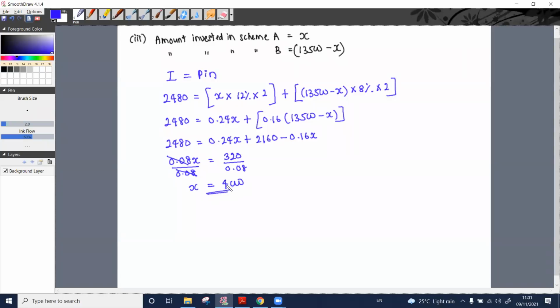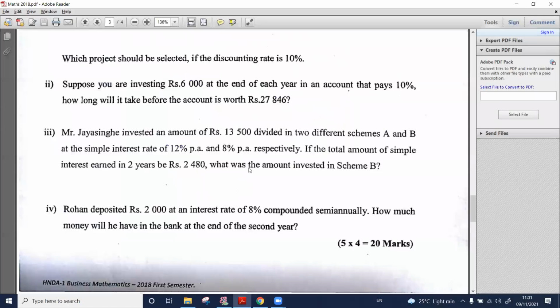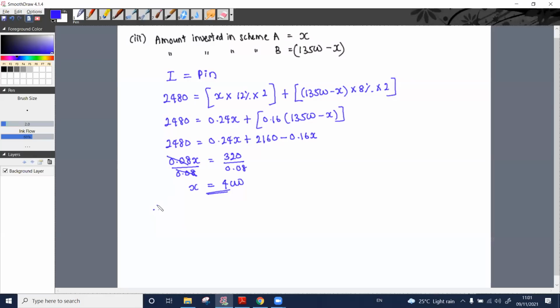But this is not the final answer. What we need to find? What was the amount invested in scheme B? Therefore, the amount invested in scheme B equals 13,500 minus this 4,000.